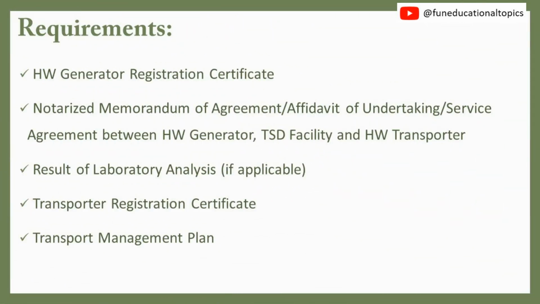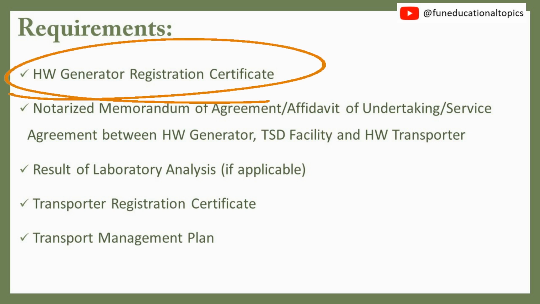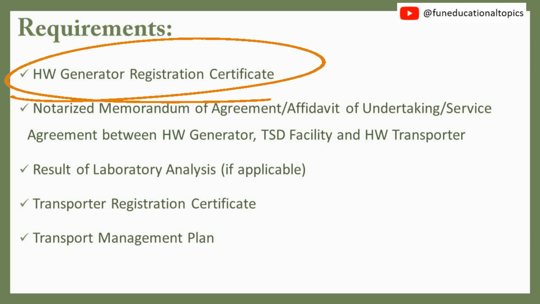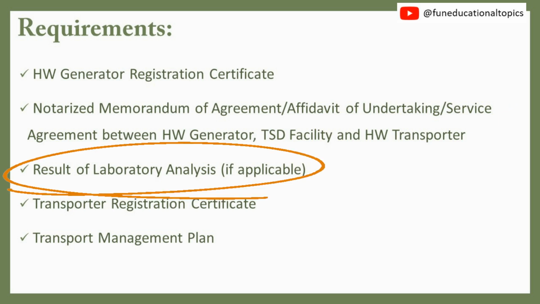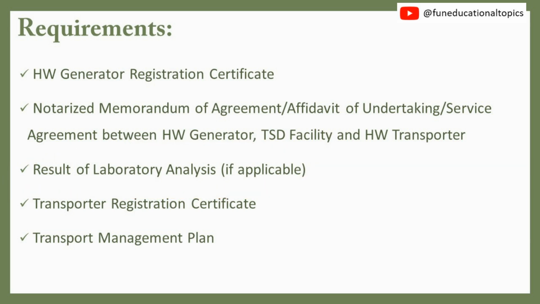Flashed on the screen are the requirements for PTT application. First is the Hazardous Waste Registration Certificate. Next is Notarized Memorandum of Agreement or Affidavit of Undertaking, Service Agreement between Hazardous Waste Generator, TSD Facility and Hazardous Waste Transporter. Next is Result of Laboratory Analysis if applicable, or this is just optional.